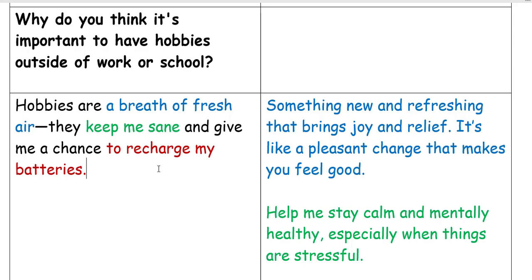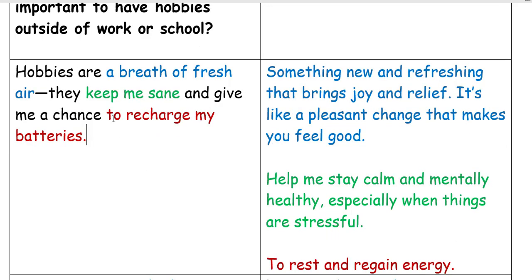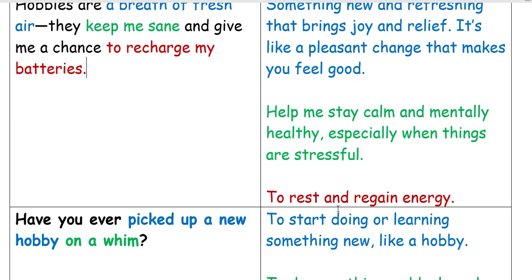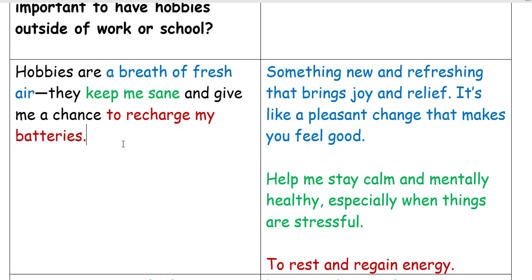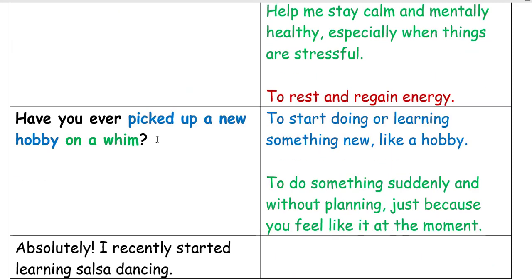Okay, next, to recharge my batteries. That basically means to rest and regain energy. So for example, you can sleep for 2 or 3 hours after working extremely hard because you want to recharge your batteries. Okay, next question.